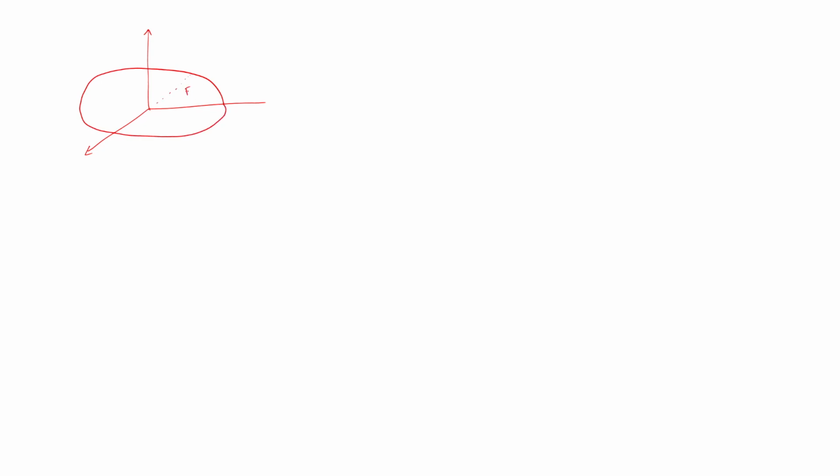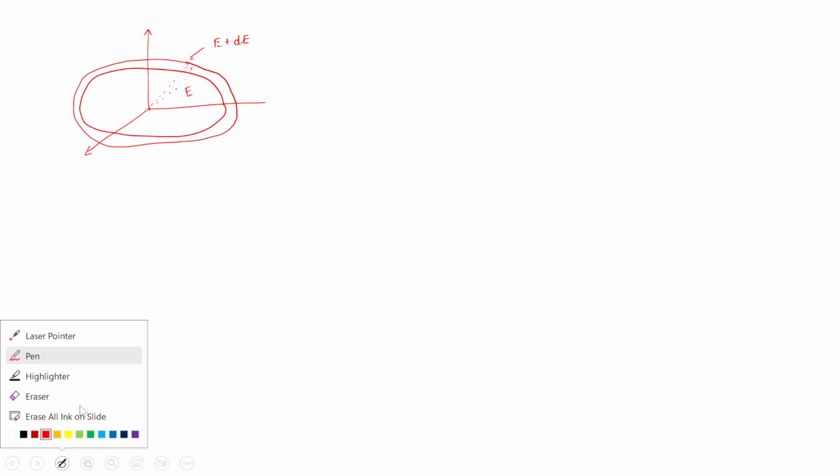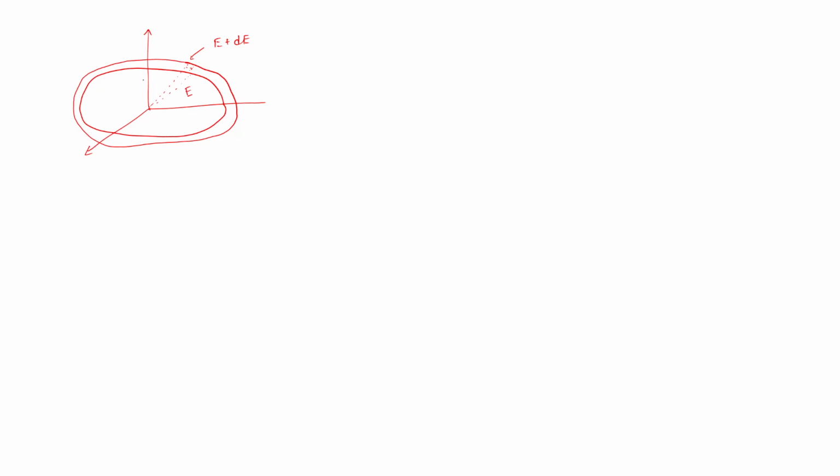So this is E, and this is another cell at E plus dE, and we want to find the number of k states in it.